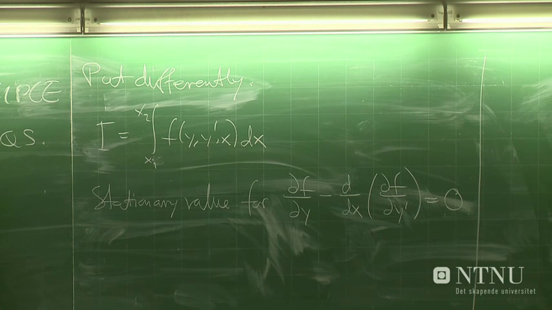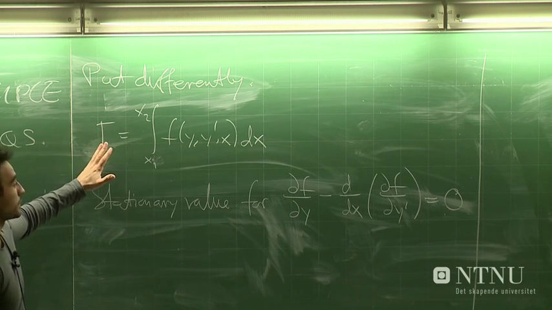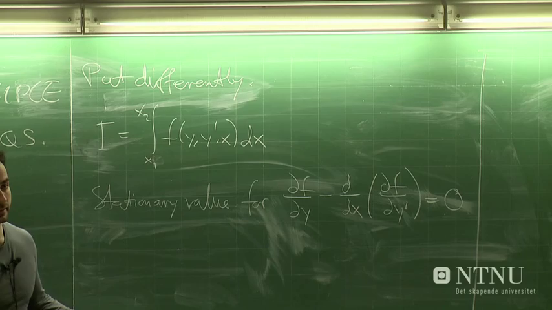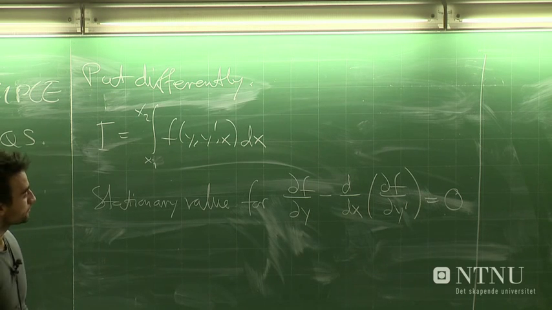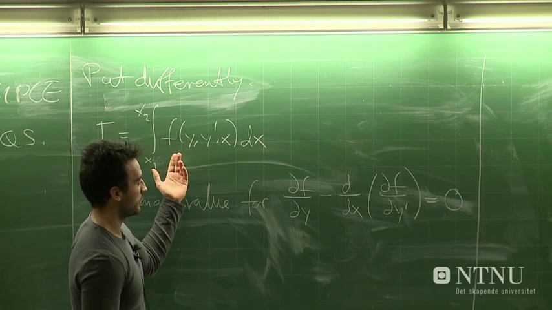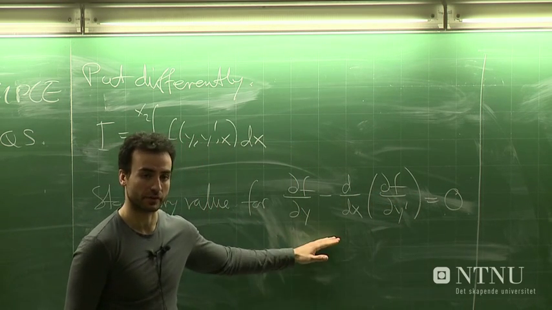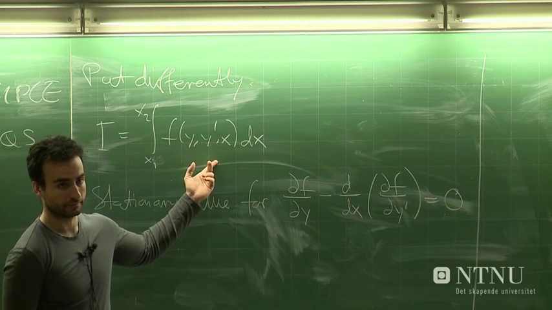And this could have applications even outside of physics, economics, geography, whatever. Whenever you have a quantity which can be written like this, and you want to find the extremal value of this quantity, and this can represent anything. It could be a quantity in economics, for instance. Well, what you need to do is to find this condition. You have to write down this condition for the relevant function.